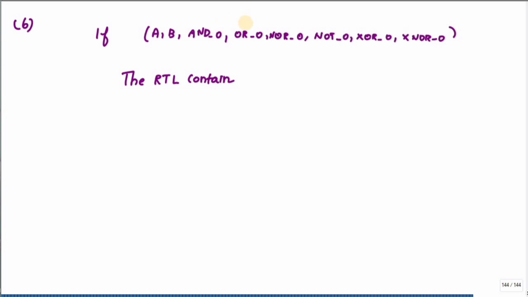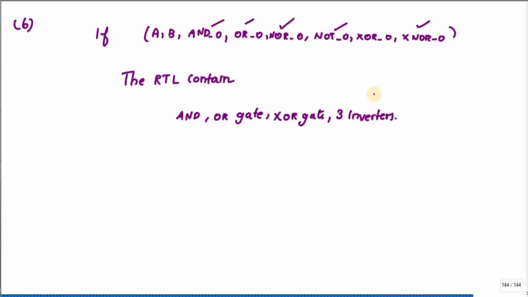So it has AND gate, OR gate, NOT gate, and XOR gate. Okay, in addition to that one, I'm going to use 3 NOT gates, 3 inverters. Inverter means a NOT gate, so one for NOT gate and one for OR plus NOT is NOR, XOR plus NOT is XNOR.